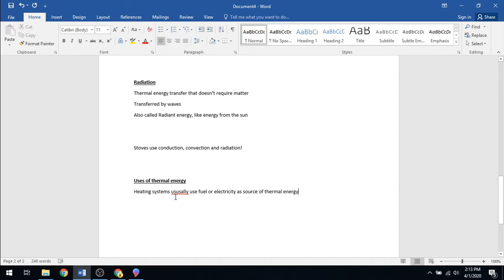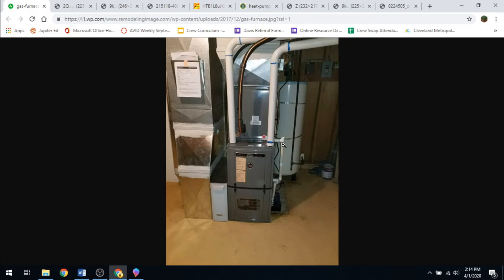So the reason your house or apartment or building or wherever you were at wasn't super cold was because thermal energy came from somewhere. One example is a furnace, or some buildings will have what's called a boiler, but a boiler is just a big furnace essentially.